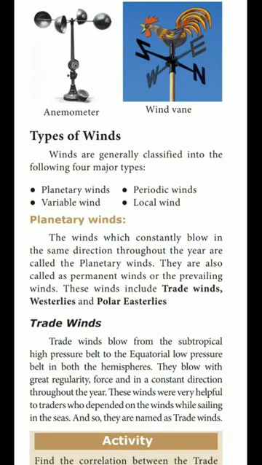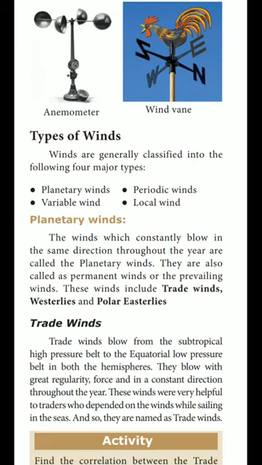Do you know what is another name for the planetary winds? Students listen, it is also known as permanent wind or prevailing wind. There is one small question also: what do you know about planetary wind?